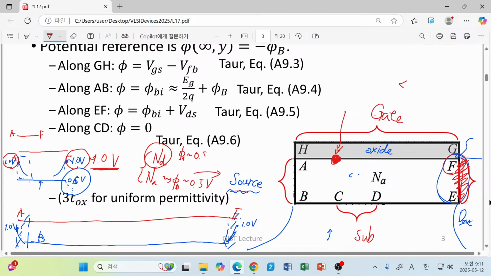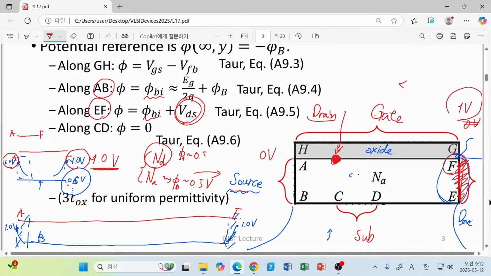Okay, so let's go to our entire solution procedure. Up to now, I just explained the importance of the AB segment and EF segment, and now let's think about them: the AB segment and EF segment correspond to the doping dependent one, which is quite high, close to 1 volt, and additionally we have VDS dependence in the case of the drain, because the drain is usually highly biased, not like 0 and 0, but let's say, for example, we apply 1 volt.